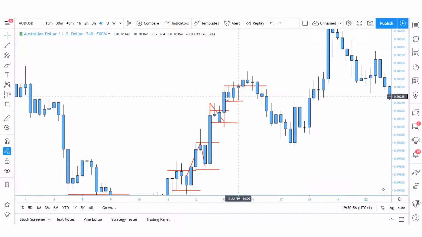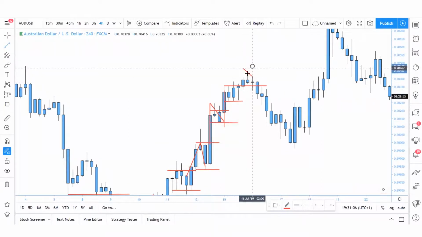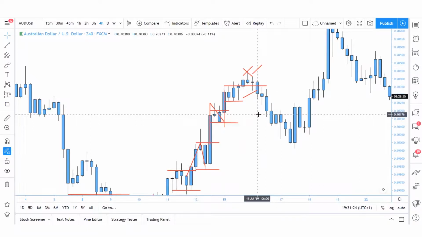Wait, this is fine, but this candle here, what happened? Price broke out, indicating bullish pressure. And then on the next 4-hour candle, it attempted to do what? It attempted to break the upside, but then it failed. Bearish pressure came in. Correct. That's what I'm looking for. And then it broke back into the zone. Very good. So stop there.